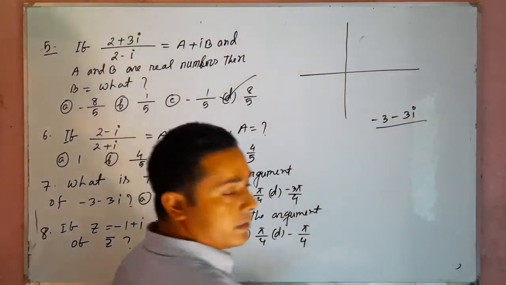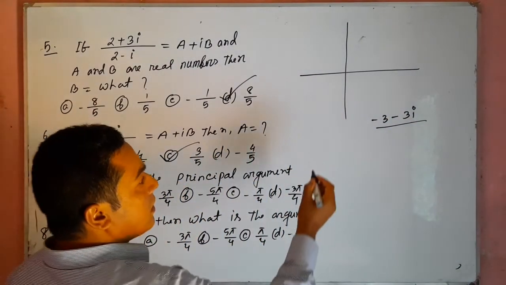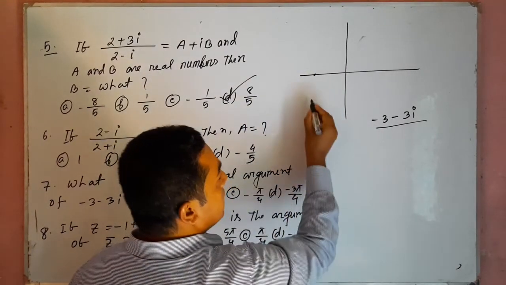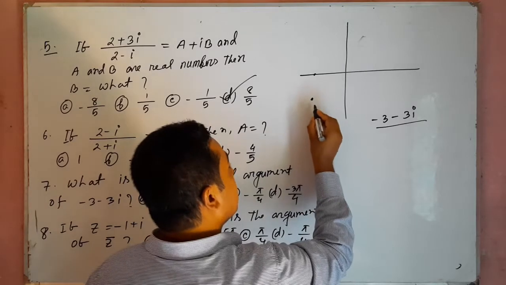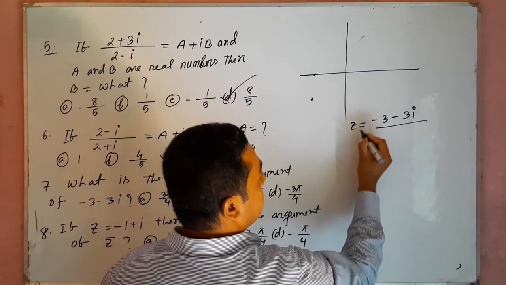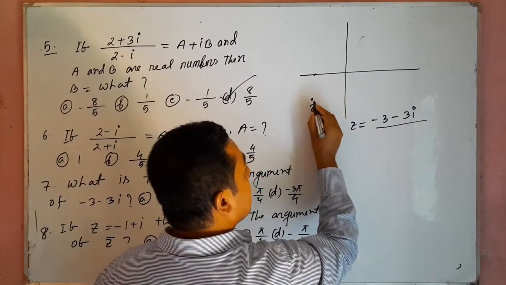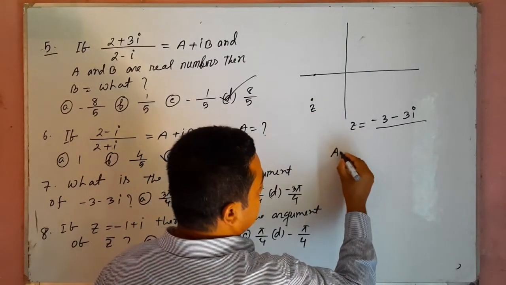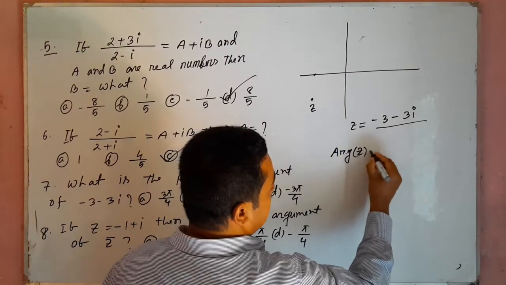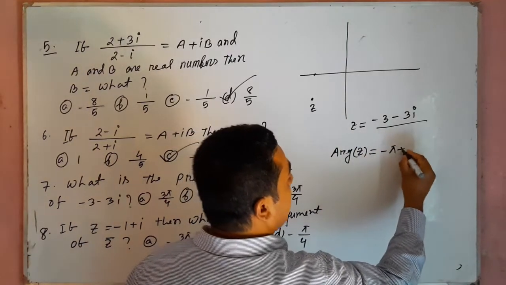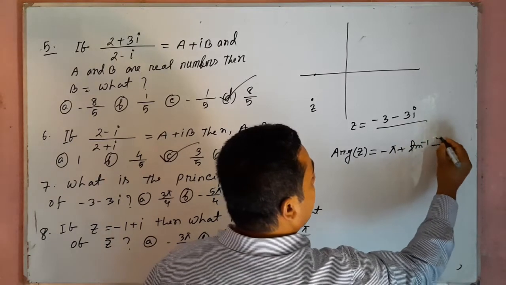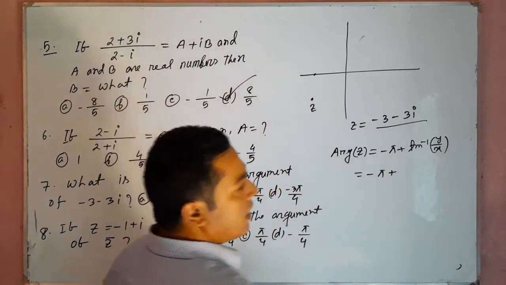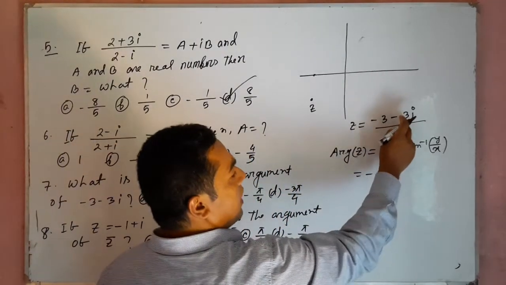Which quadrant does it lie in? x is minus 3 and y is also minus 3, so it lies in the third quadrant. So the argument is equal to, in the third quadrant, minus pi plus tan inverse y divided by x. This is y, this is x.